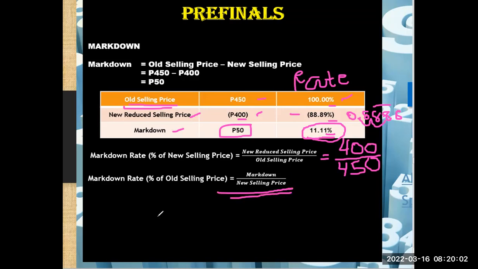So the markdown is 50. That's divided by the new selling price.